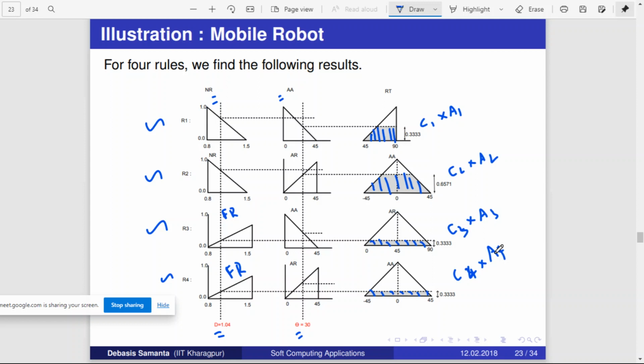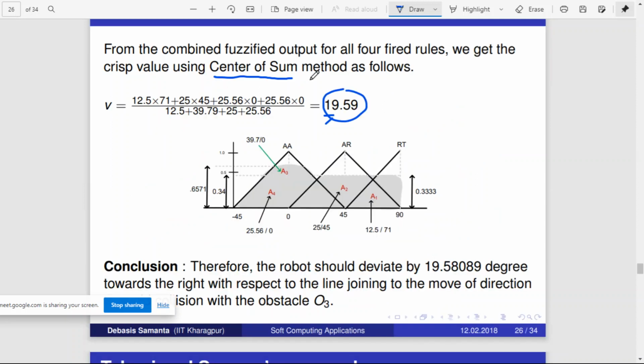If you calculate like that, this is the value you will get, right? Actually in this figure these numbers were not clear, so we cannot calculate exactly, but this is the overall logic. So now what we can conclude is that this is the angle of deviation the robot should take to avoid collision.